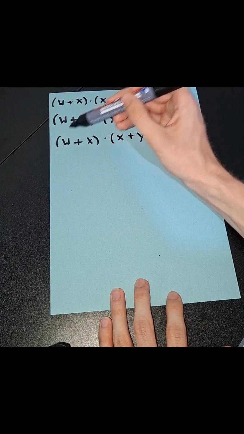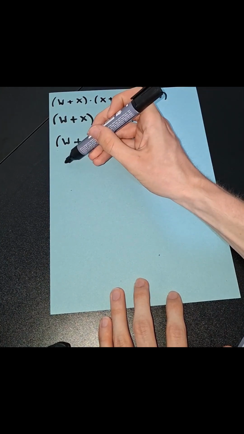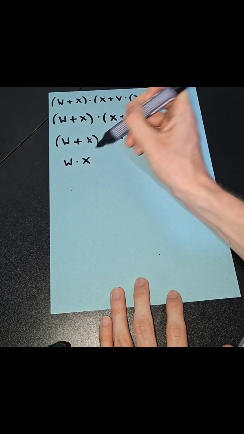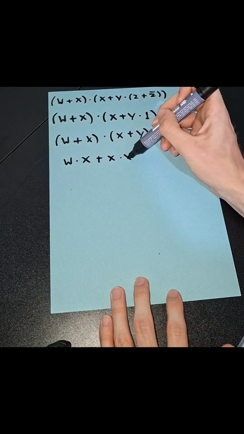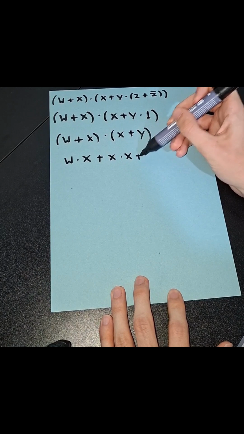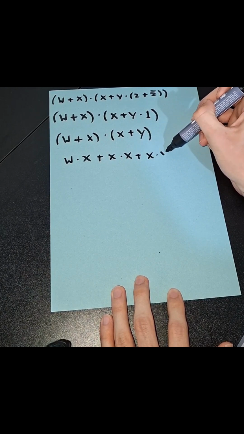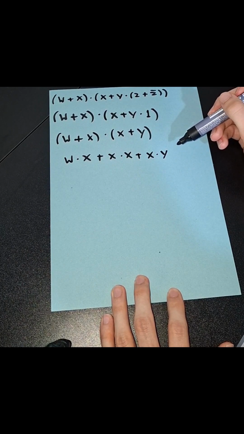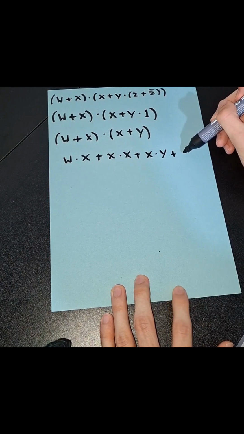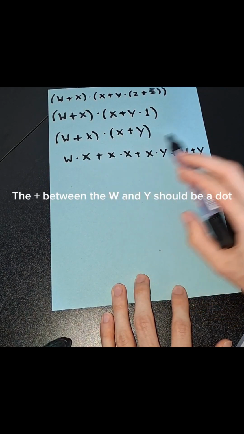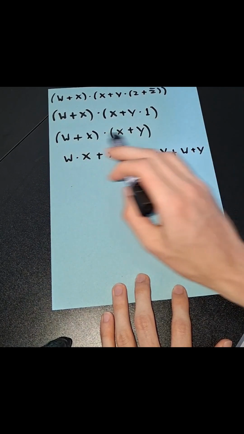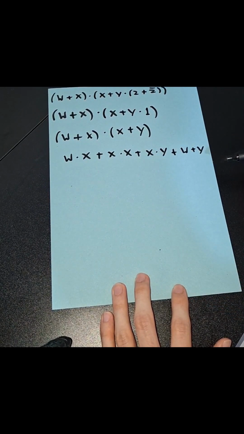So W and X is W and X, and then we got X and X, we got X and Y, and we got W and Y. So I've just added everything together in this expression here.